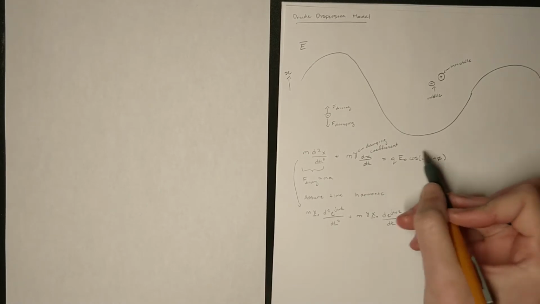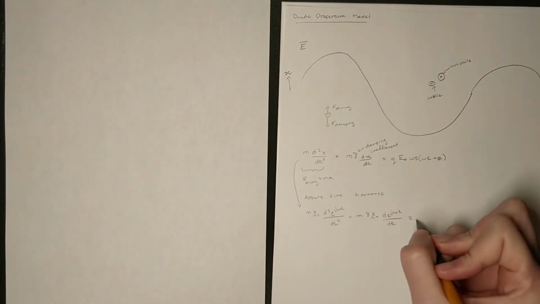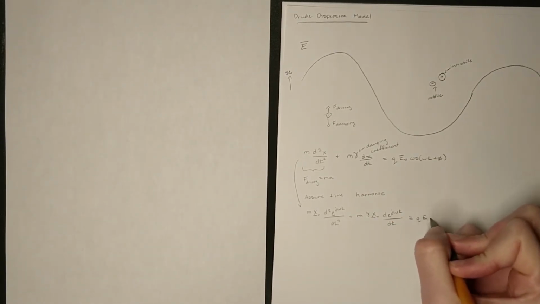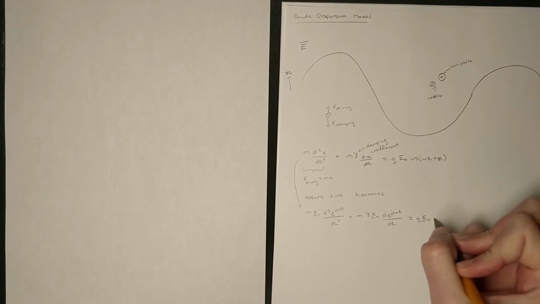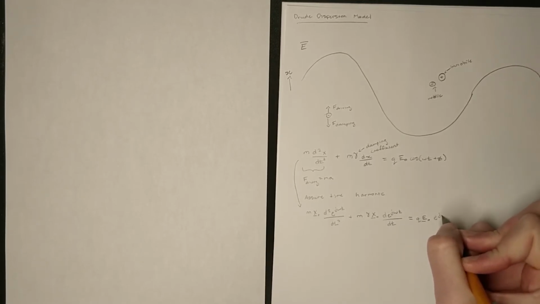And we also write this in phasor form as q E naught phasor times e to the j omega t.